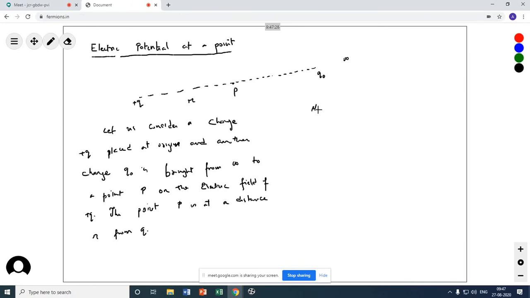Now how can we find it? So you see, in order to bring this, what will you do? You will be gradually taking the charge, because with every unit distance you move, you feel the repulsion, right? The closer you go, you feel the repulsive force more and more and more.